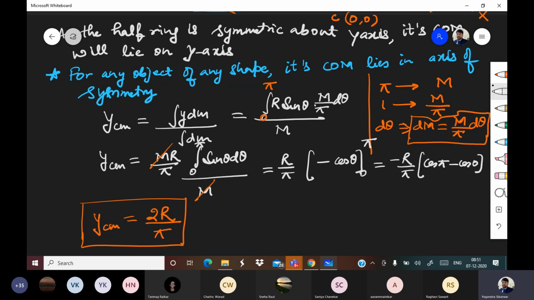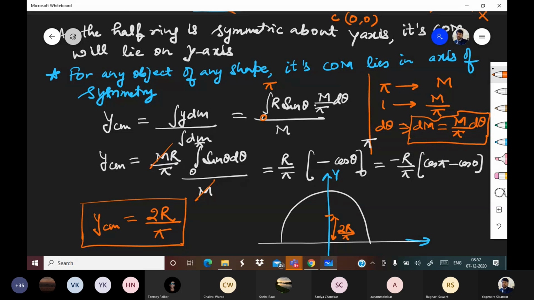So that is the center of mass of half ring. Remember that. Everyone, please remember that. Okay, so just to tell you, this is y-axis, this is x-axis. Your center of mass will be basically somewhere here, and that distance is 2r upon pi.